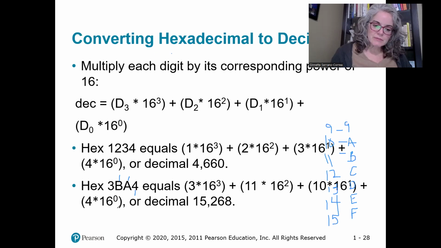We always start with the least significant digit, 16 to the power of 0 times 4. Then we have 10, right? This one's 10 times 16 to the power of 1. Then we have B, which is 11. This is B times 16 to the power of 2. And then 3 times 16 to the power of 3.